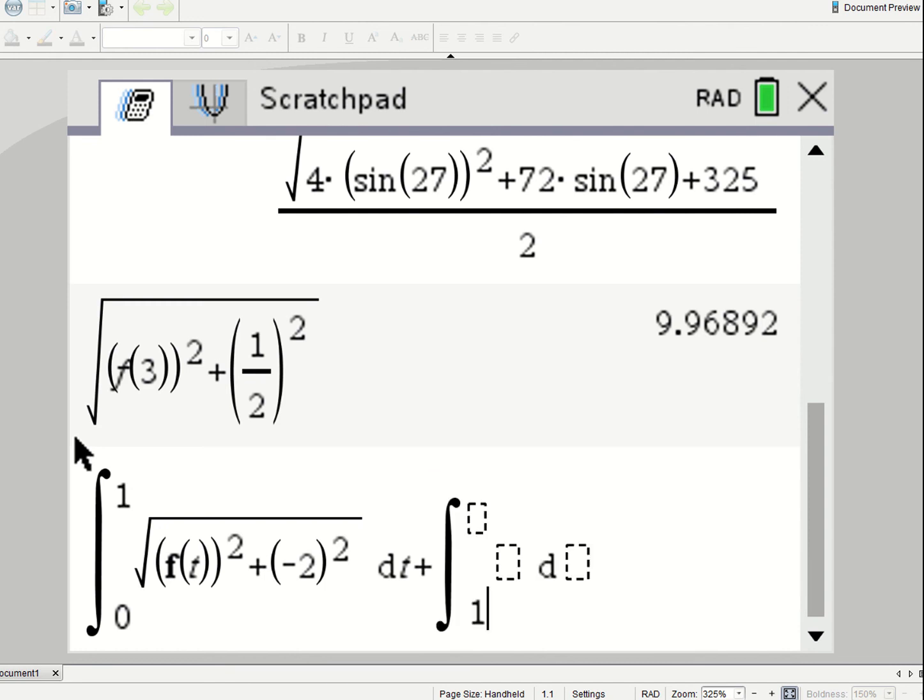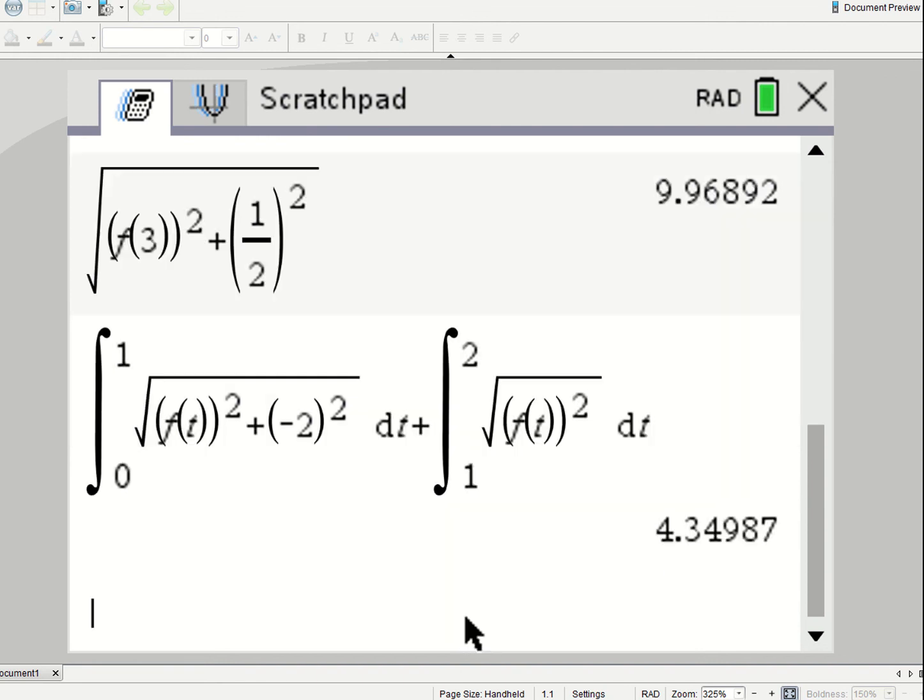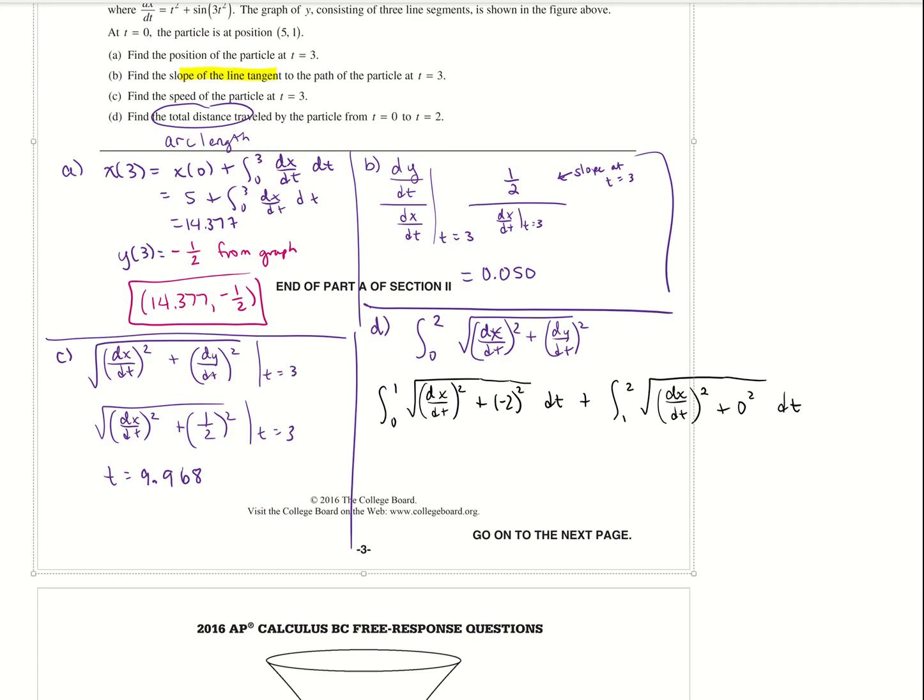This one going from 1 to 2. And then of the square root of the rate of change of x, which I'm calling f of t, quantity squared, and then I won't put in plus 0 squared for the rate of change of y. I did write that for the reader, but now I'm doing this for myself. I'm going to get 4.34987. However you decide you want to round that is up to you, as long as you at least, at a bare minimum, correctly round to 3 decimal places or truncate. I'll just truncate.